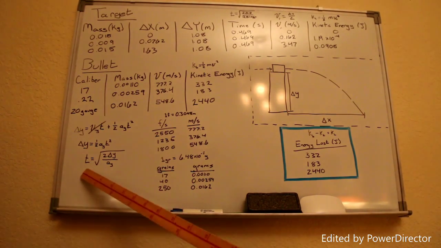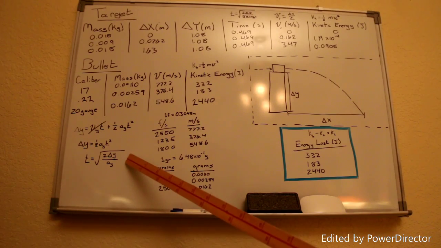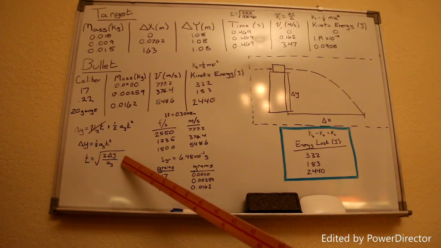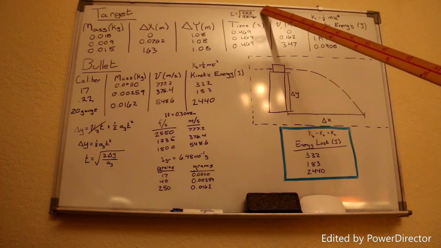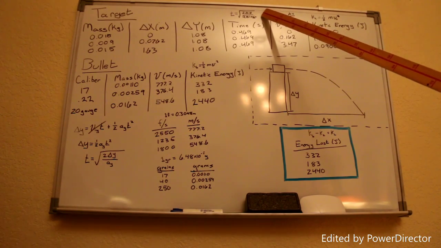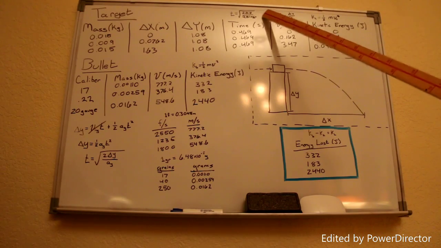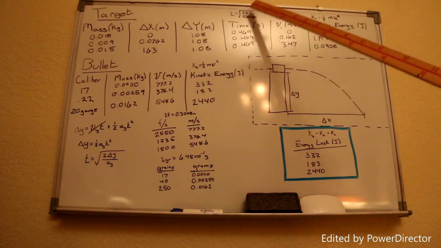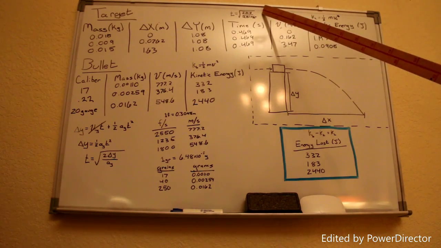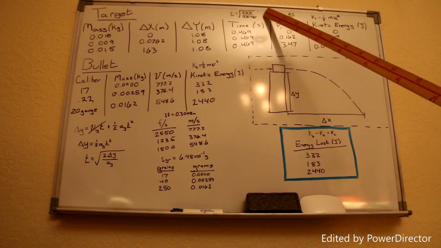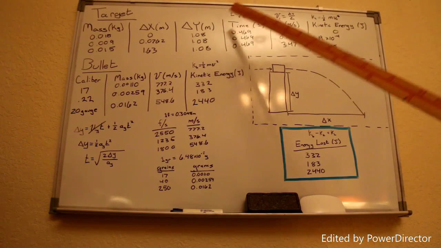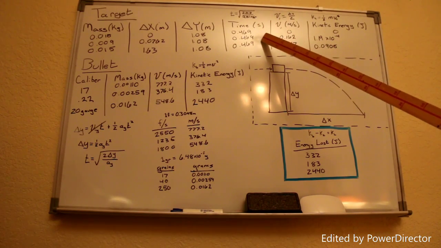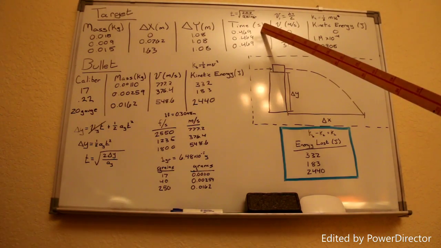Solving for t, we get t is equal to the square root of 2 delta Y over acceleration in the Y direction. Plugging in the acceleration in the Y direction as 9.81 meters per second squared, or gravity, we get t equals the square root of 2 delta Y over 9.81. Plugging in our Y values for all the respective targets, we get the time for all three targets to be 0.469 seconds.